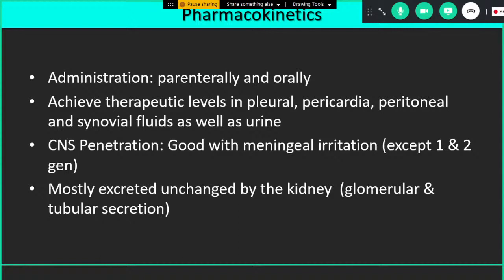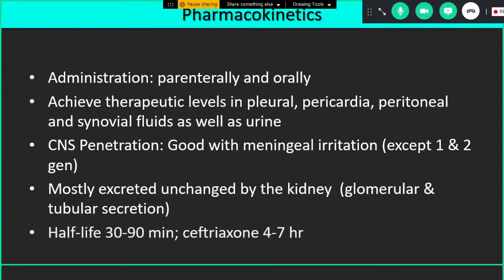Therefore, in hepatic failure, you don't have to change the dose, but most of them are excreted by the kidney. Therefore, in most cases, there has to be a change in the doses of these cephalosporins in patients with renal disease. Not in mild, but in moderate to severe renal disease, the patient requires a change in the dose.